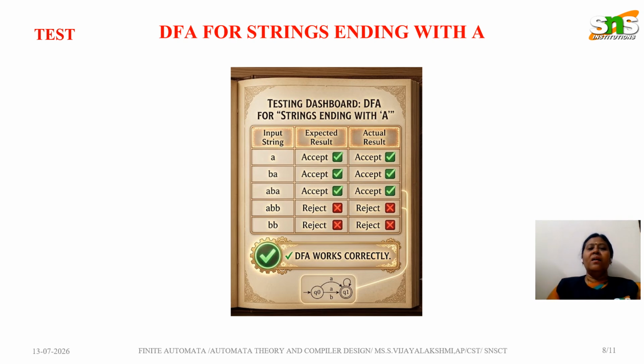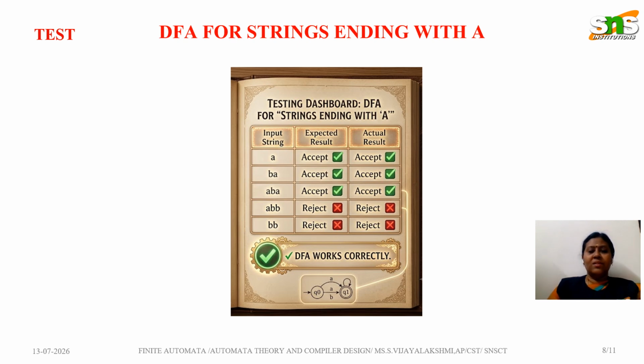Here is a DFA for strings ending with A. That means the language contains strings such as A, BA, ABBA and so on. But if we give the string ABB, it does not end with A, so it is rejected.